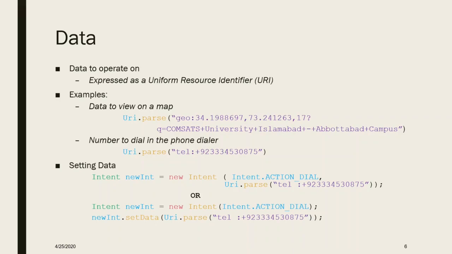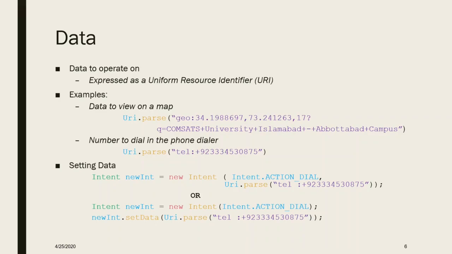Now that data is formatted as a uniform resource identifier, or URI. One example of intent data is a geo-schemed URI which indicates map data. Another example is a tel-schemed URI indicating a phone number that you want dialed.